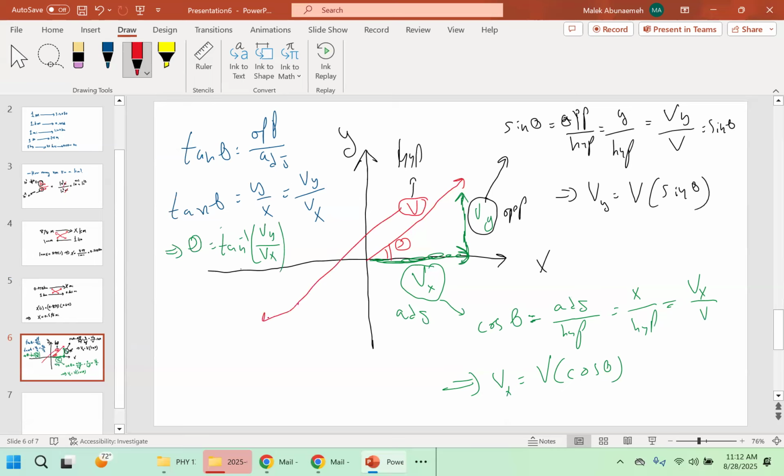Well, using the Pythagorean theorem, your V squared is going to equal V in the x-axis squared plus V in the y-axis squared, which means that this vector V that we have is going to equal the square root of Vx squared plus Vy squared.